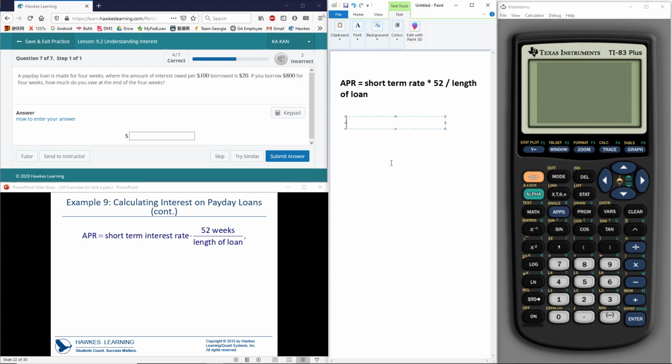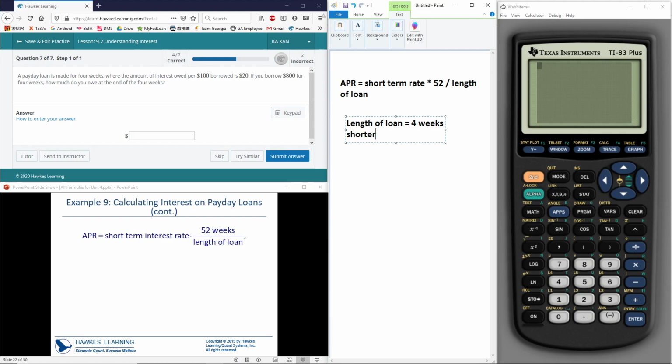Over here it says this payday loan is made for 4 weeks. So the length of loan is 4 weeks. And then it says you're borrowing $800. That doesn't really matter. You just have to think about the interest rate.